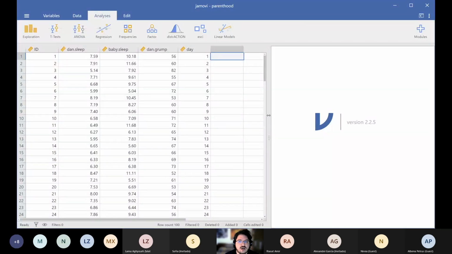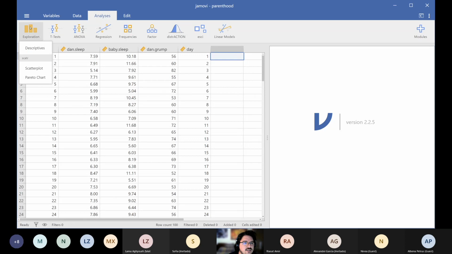All right. So first things first, we can explore this data in a descriptive fashion. You can do this with any data set of any size, shape and form. This is a very small data set, but this is something that you have to do. In the exploration, you go to descriptives.